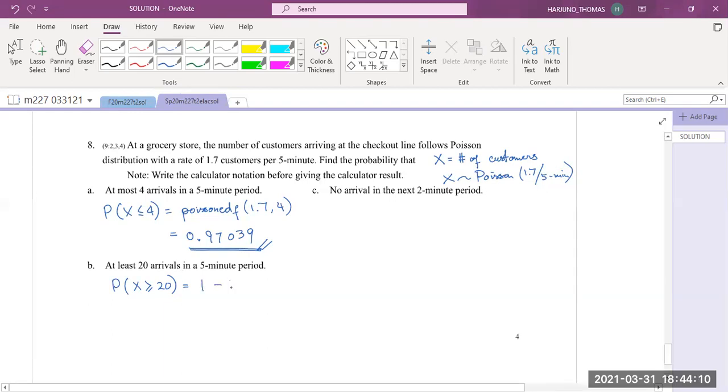That's 1 minus the probability that X is at most 19. Right? The complement of at least 20 is at most 19. That is 1 minus the Poisson CDF, 1.7, because that's the average for 5 minutes, right? Up to 20.